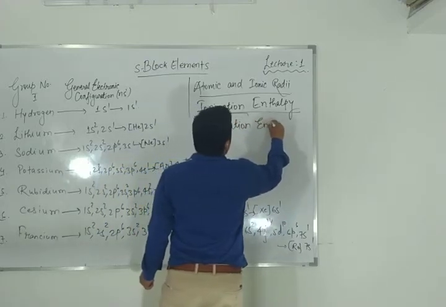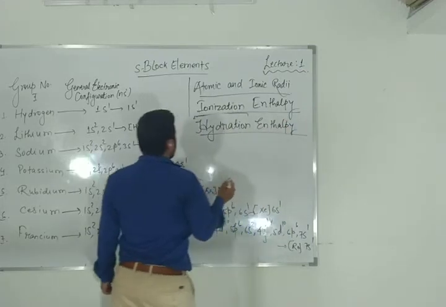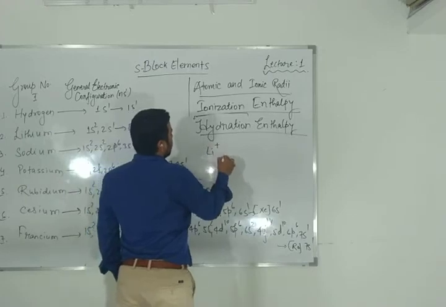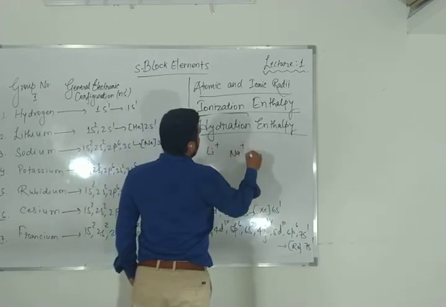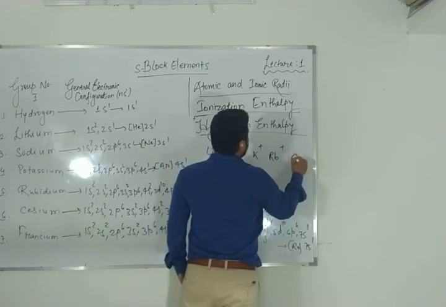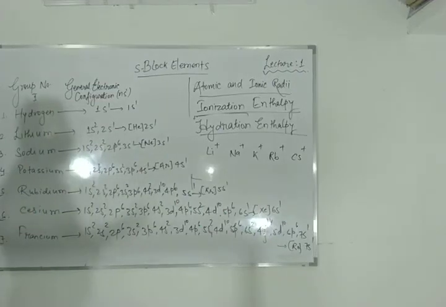Now you can ask me, sir, what is this hydration enthalpy? As we move from top to down, lithium plus, sodium plus, potassium plus, rubidium plus, and cesium plus, these are electropositive elements. The hydration enthalpy of all these alkali metals, as they convert into ions, will decrease with the increase in ionic sizes.